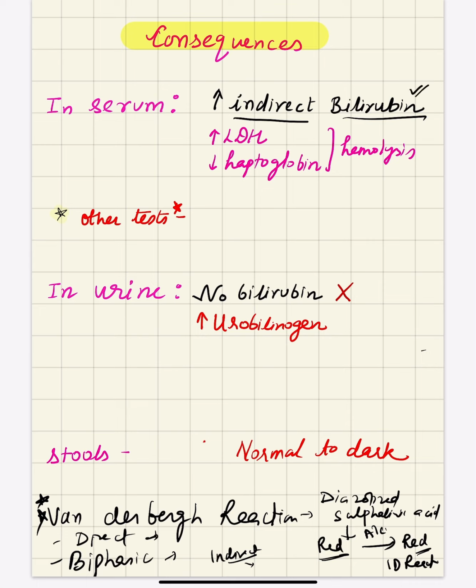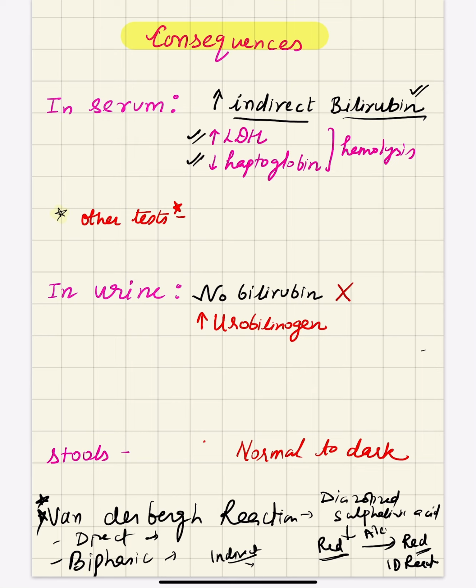So when there is unconjugated bilirubin in the blood, it is mostly caused by the hemolytic anemias. When there is increased hemolysis, RBCs are being destroyed, so the RBC turnover is increased and there is an increase in the LDH levels in the body. You know that when the RBCs are being broken down, they release heme and globin.